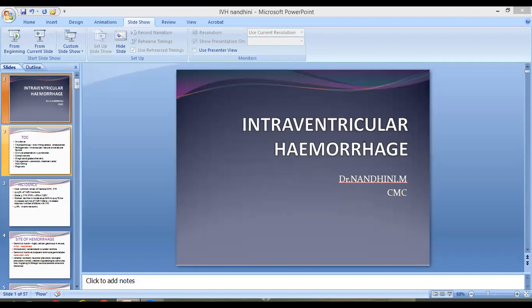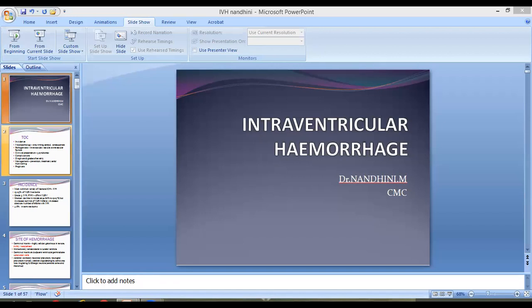So, in the recent meta-analysis, it has been found that antenatal corticosteroids, indomethacin prophylaxis, volume-targeted ventilation, early erythropoiesis-stimulating agents, and prophylactic ethamsylate have been found to be significant in reducing the incidence of severe IVH in preterm neonates. Here you can see there is a difference for each of them.